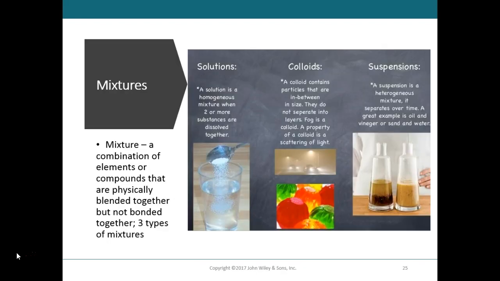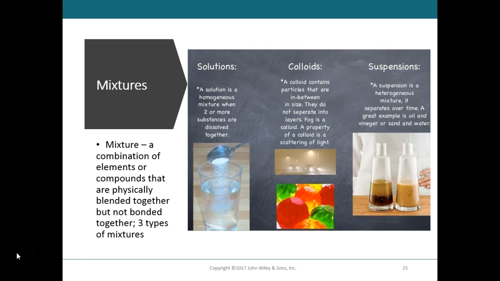A mixture is a combination of compounds or elements that are blended together but not chemically bonded together. So we're going to look just briefly at three different types of mixtures. A solution is a homogeneous mixture. That means everything is the same when you have two or more substances that are dissolved together.